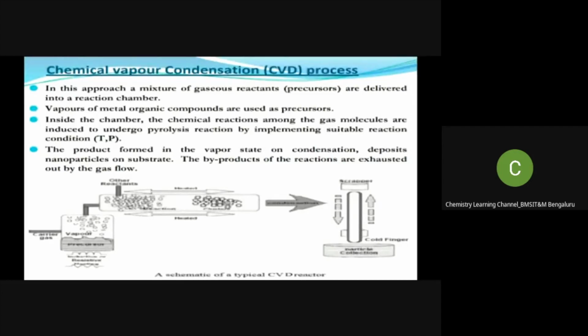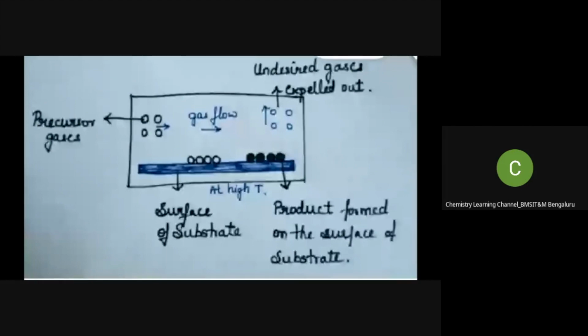Here we can see the simplified form. We use the carrier gas for the movement of the precursor gas. They settle on the surface of the substrate. At high temperature, the carrier gases are evaporated, and even the undesired gases are expelled out.